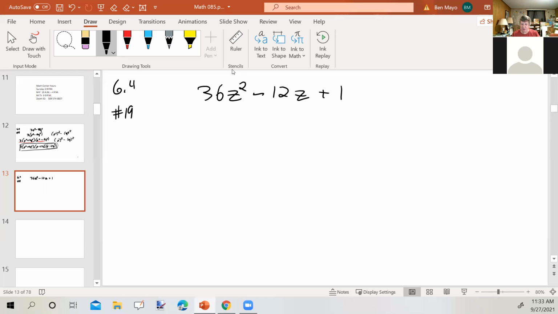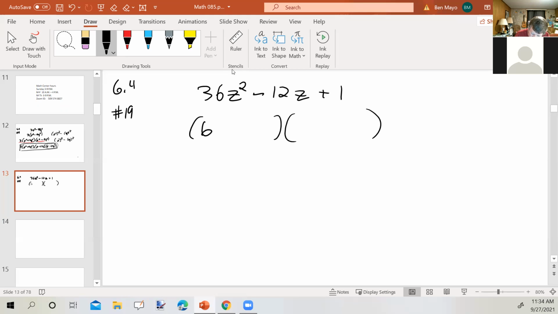There's no greatest common factor. But notice the first term is a perfect square. The last term is a perfect square, and there is a plus sign in front of the last term. So let's see if it is a perfect square trinomial with two identical factors.